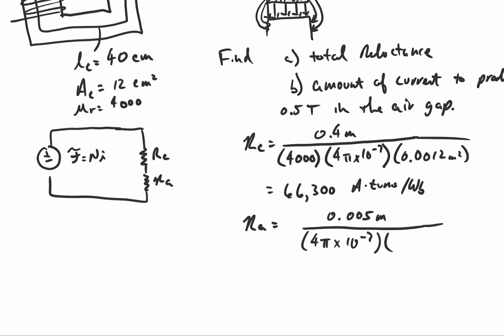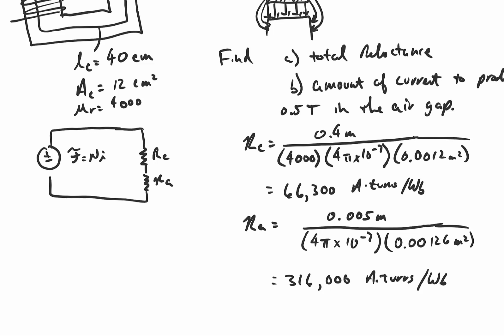Now that cross-sectional area that we had in the core, we need to increase that by 5% for the fringing effect. So we have 0.00126 meters squared. And this gives us about 316,000 ampere turns per Weber.